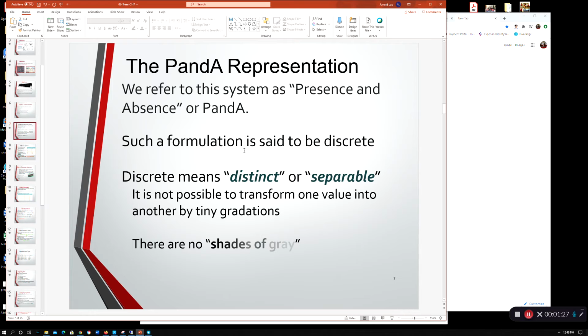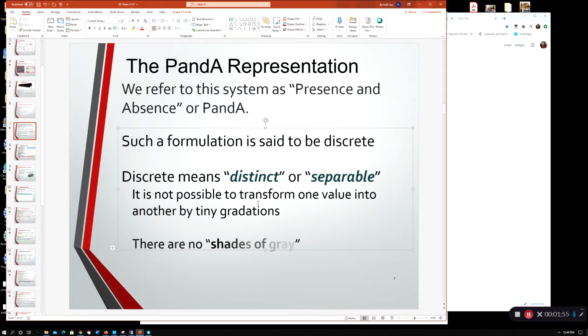Between 0 and 1, there could be an infinite set of numbers. It could be 0.1, it could be 0.111, so on and so forth, all the way through. But when we say 0 and 1, it's just going to be binary. Those are your only two discrete points. So that's what we mean here when we say discrete, distinct and separable.